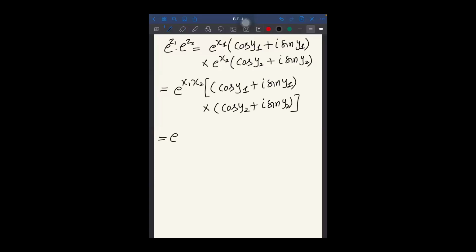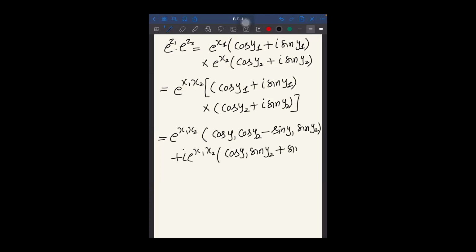So that becomes e^{x1} e^{x2} times cos y1 cos y2 minus sin y1 sin y2, plus e^{x1} e^{x2} iota times the imaginary part, cos y1 sin y2 plus sin y1 cos y2, right?